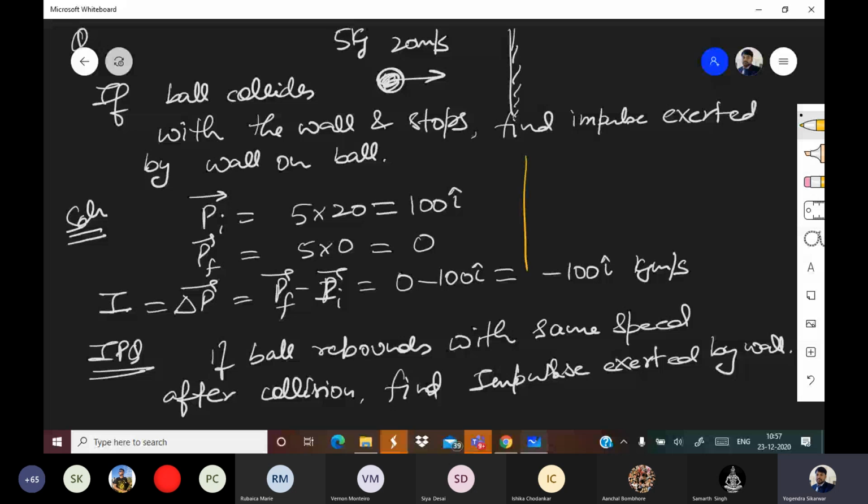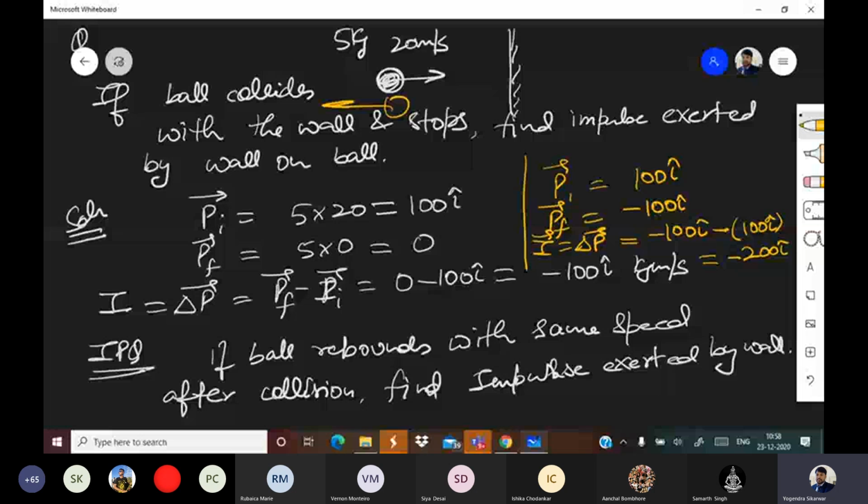P final, because it is going in the opposite direction, will be minus 100 I cap. Correct. So I is equal to delta P vector, which is minus 100 I minus 100 I. That will be minus 200 I. So that is the answer. Okay, everyone.